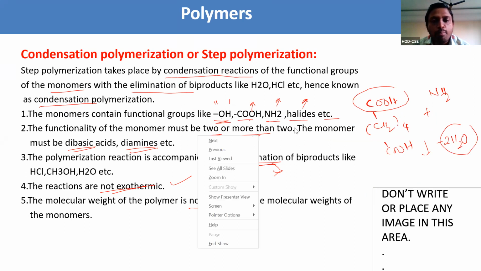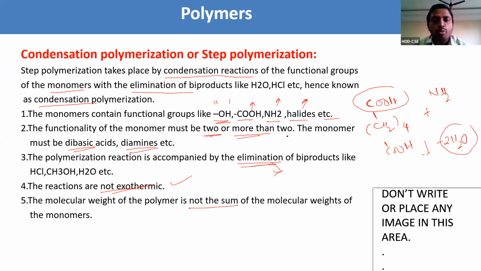That is, the number of bonding sites present in the monomer. Here it should be 2 or more. It has two functional groups: COOH and COOH in adipic acid, and NH2 and NH2 in hexamethylene diamine. So the functionality of the monomer is 2 or more than 2.